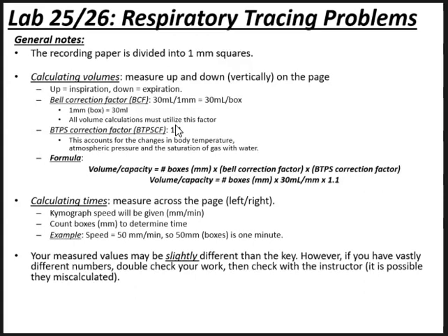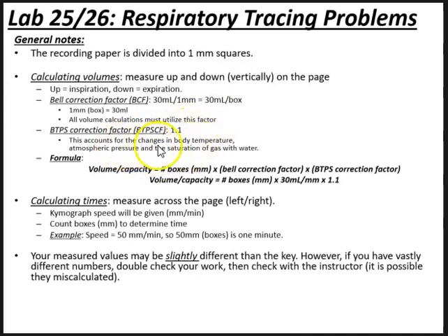Another factor that we are going to use is known as the BTPS correction factor, or the body temperature pressure saturation correction factor. We're taking all of these factors into account, and then we are standardizing these using the correction factor of 1.1.